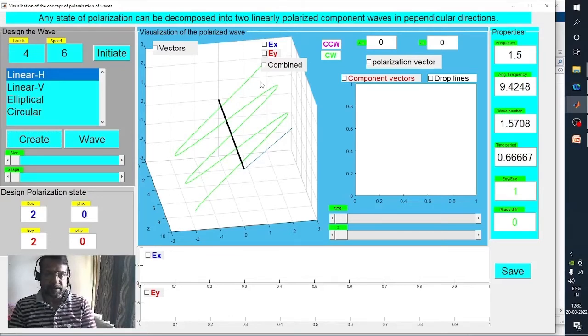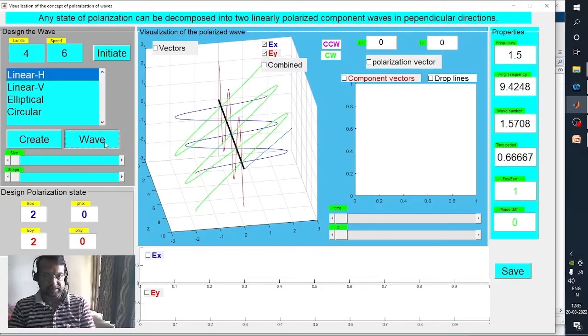So for this wave, let us look at what the Ex is. This is the Ex in this plane, and similarly Ey. So when this wave propagates, how does it look? Let us see.